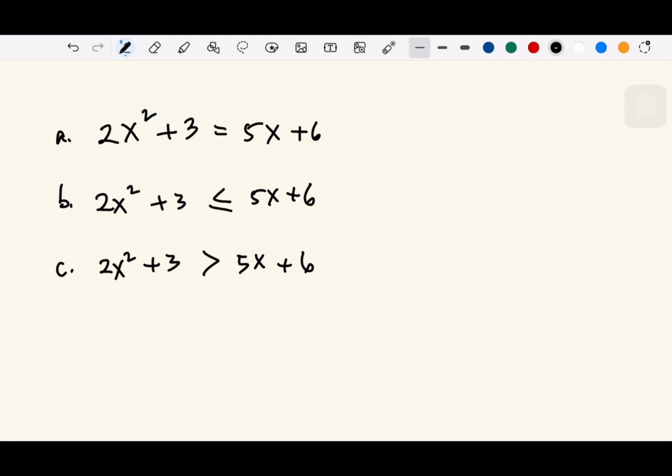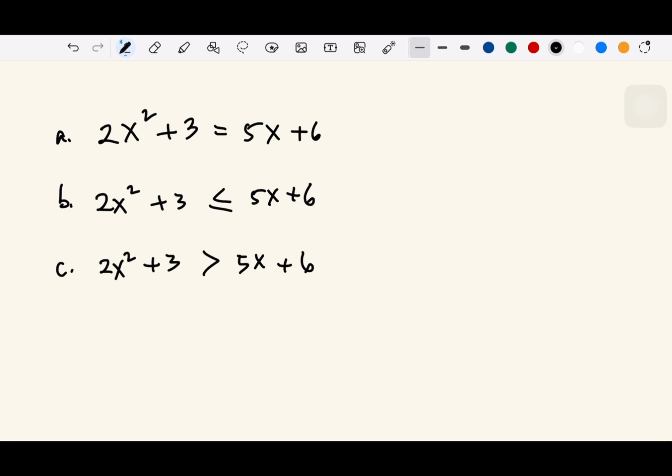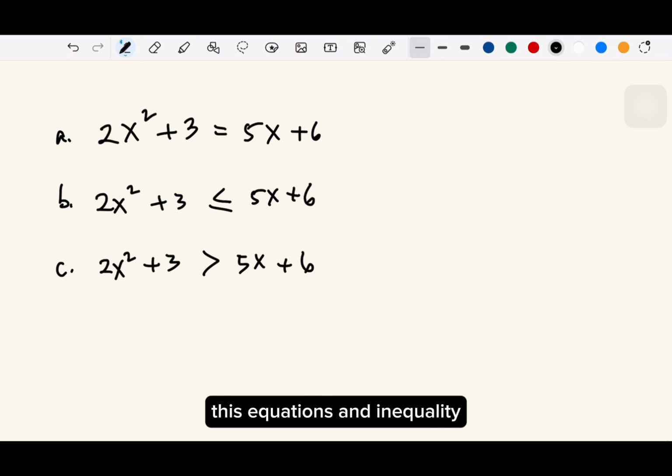Okay. So try to think of these equations and inequality.